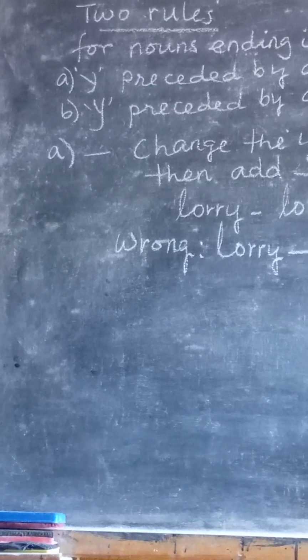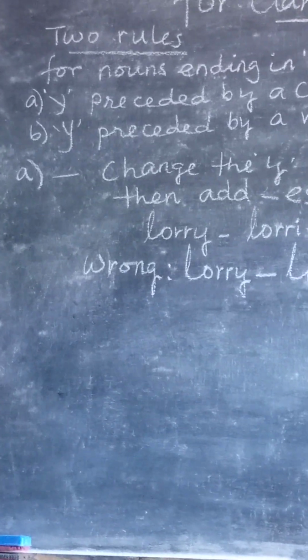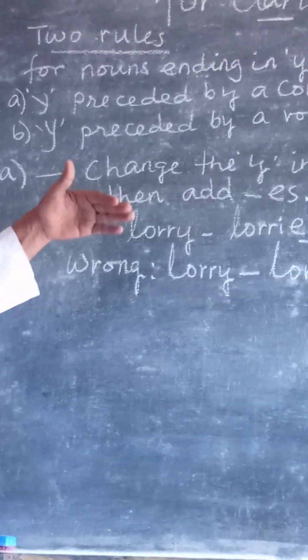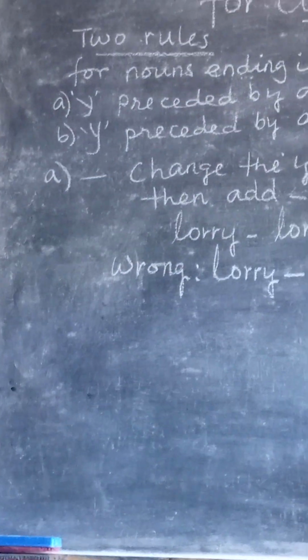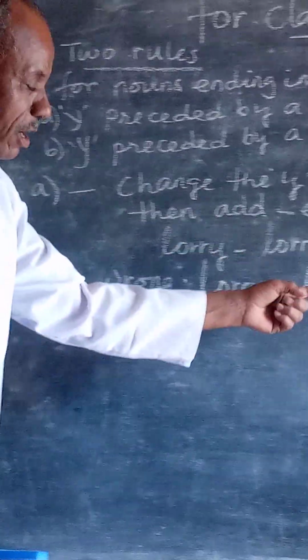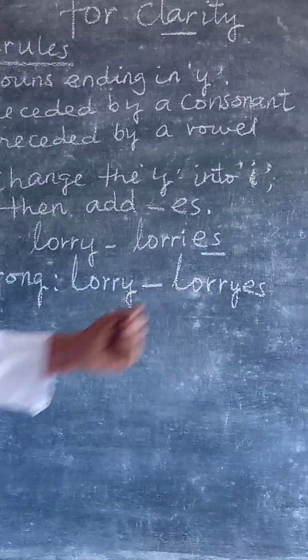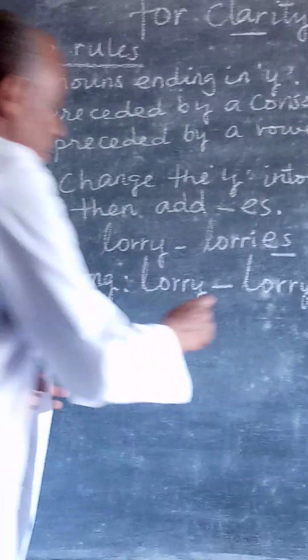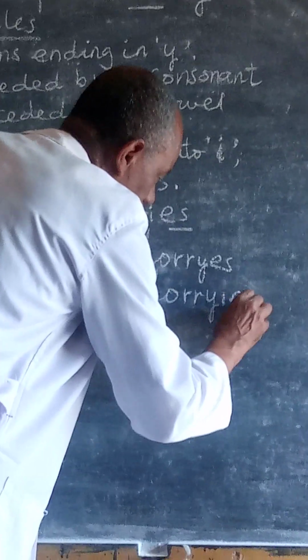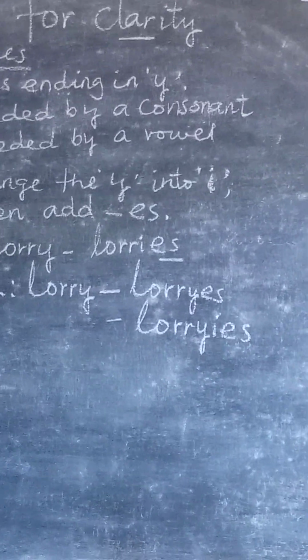Some students, most of the students of different grade levels, observed this rule as if we add ES onto the Y, or as if we add IES, as in lorries. These two things are wrong.